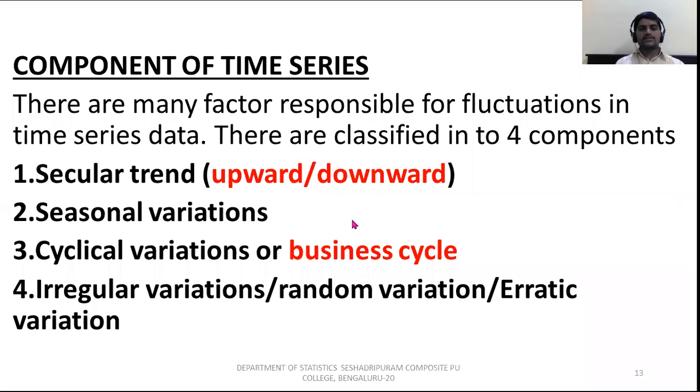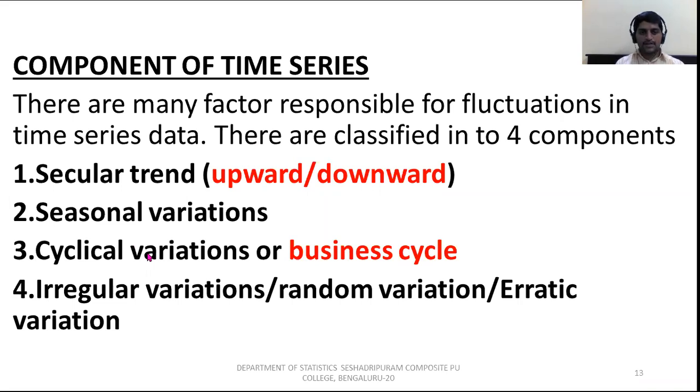Let me start. We have four components of time series, namely number one, the secular trend. There are two types: one is called upward trend and one is called downward trend. We already discussed this in yesterday's class, and today we are going to start seasonal variation.